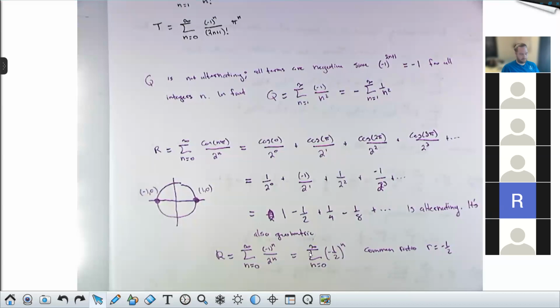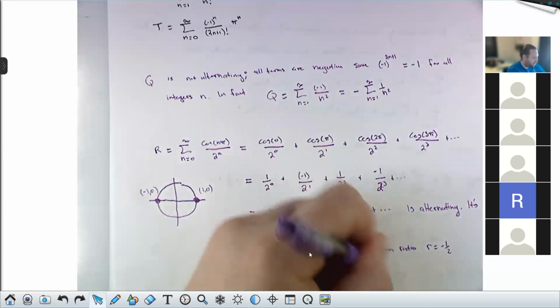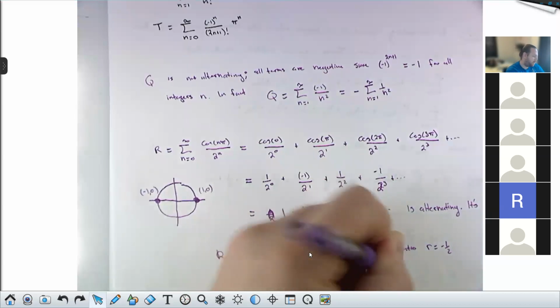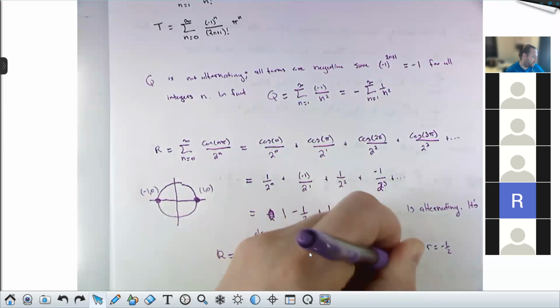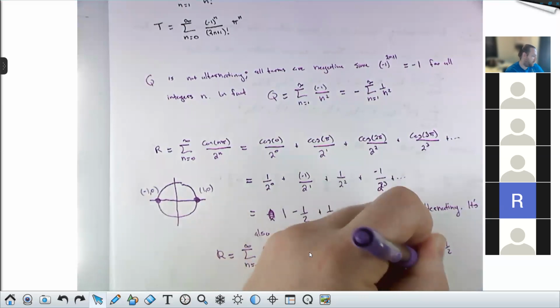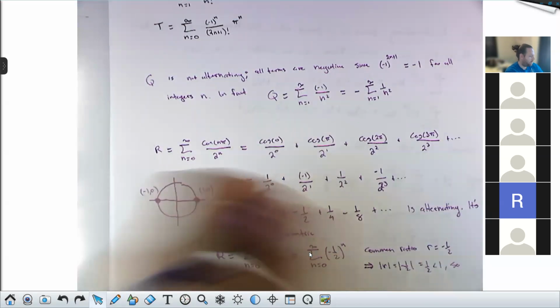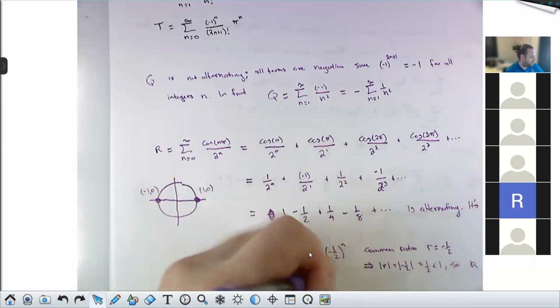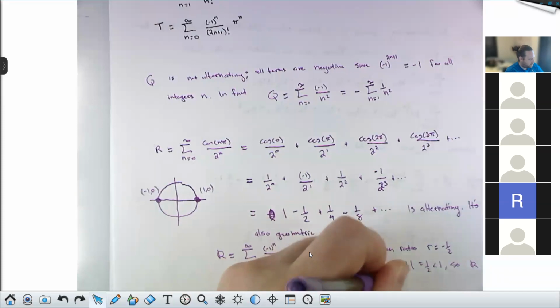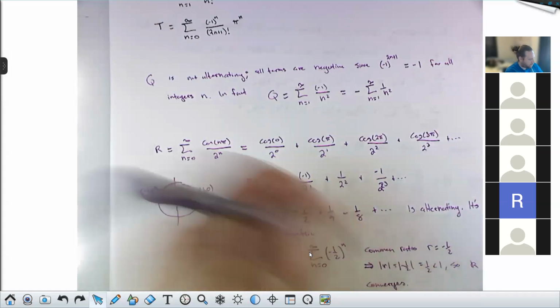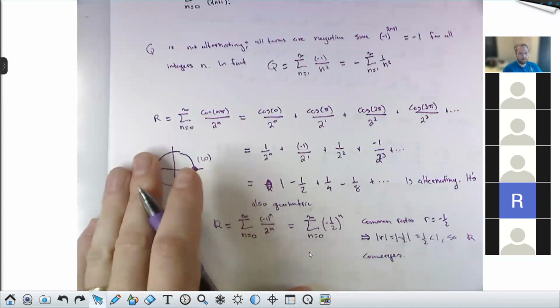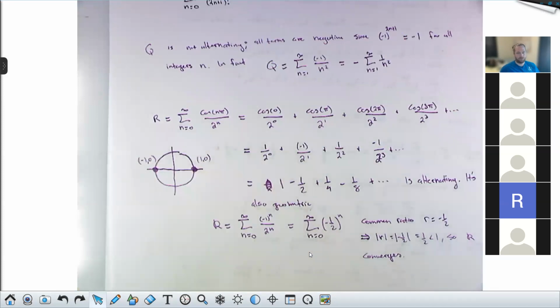All right, I'll go ahead and write it. So the absolute value of r, the absolute value of -1/2, is 1/2, which is less than 1. So the series R converges. And we could even find its sum, right? Because we know everything there is to know about geometric series. But again, I'm not going to do that.